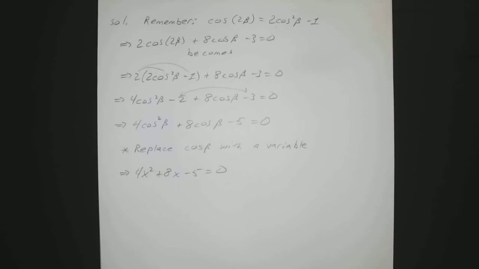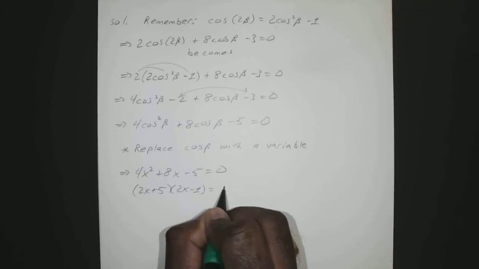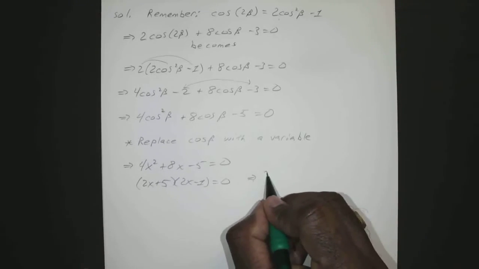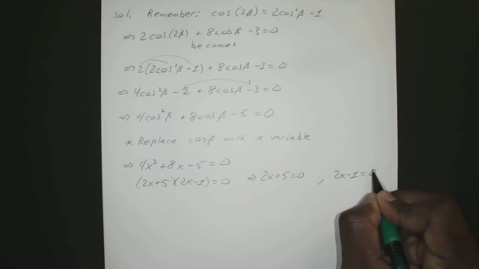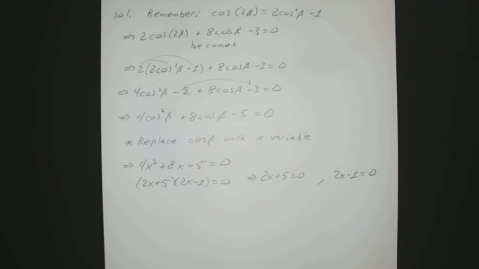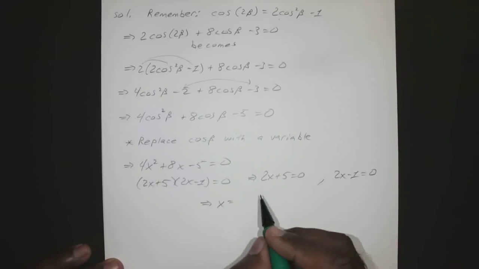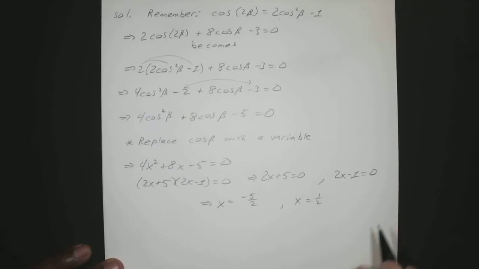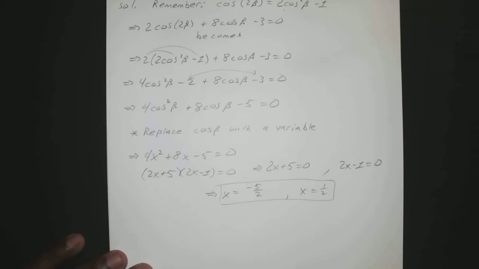Just so happens that one factors out pretty neatly to (2x plus 5)(2x minus 1) equals 0. So that means 2x plus 5 can equal 0, or 2x minus 1 can equal 0. If we subtract 5, then divide by 2, x can equal negative 5 over 2. If we add 1, then divide by 2, x can equal 1/2. Okay, and now we just replace our x with cosine of beta.